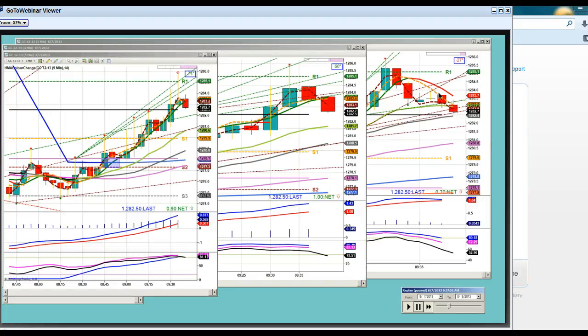How much play does the wick tail come into play on these gaps? Well, the wick is very, very important because then you know that the HFTs have been there and done it. Because when the HFTs have come in, and you'll know them because they can't sustain the price. They move so quickly at lightning speed. They shoot up, they come right back down, and nobody can trade that fast except a robot.